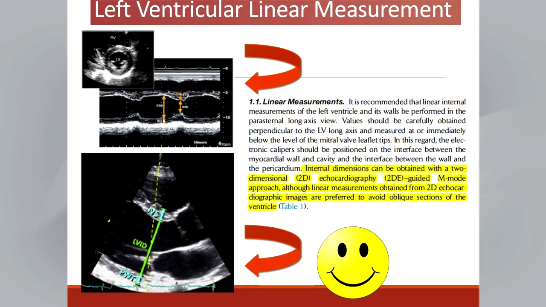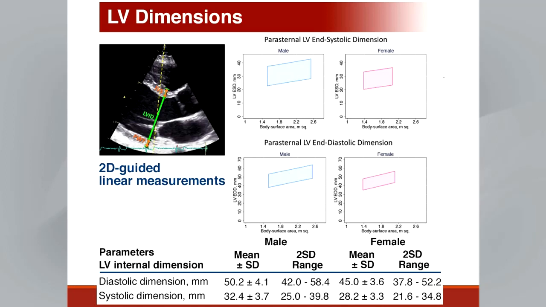And although these can be obtained, we are recommending that these measurements be obtained from a two-dimensional echo, from a parasternal long axis view, and we understand that this measurement should be performed perpendicular to the long axis of the left ventricle, and these measurements should be performed at the tip of the mitral valve. So we have to avoid these oblique sections of the ventricle, and by imaging with 2D echo, I think that gives us the best opportunity.